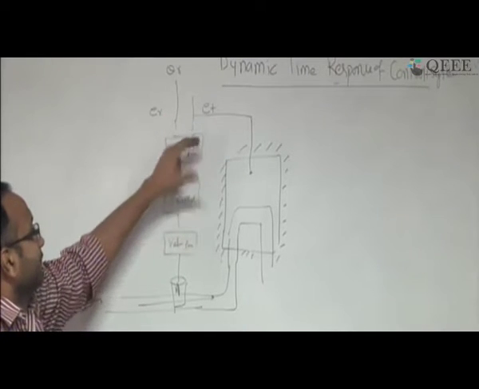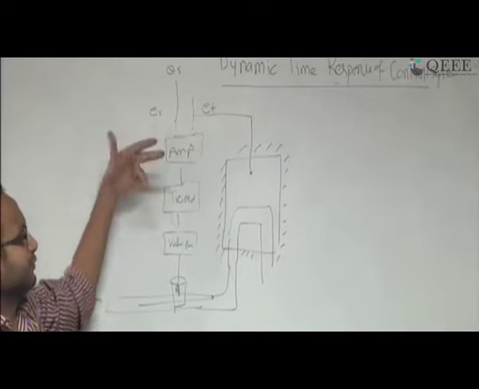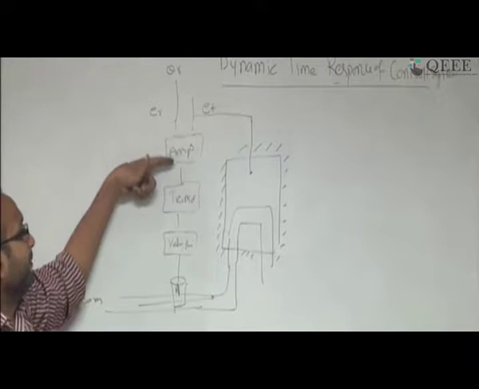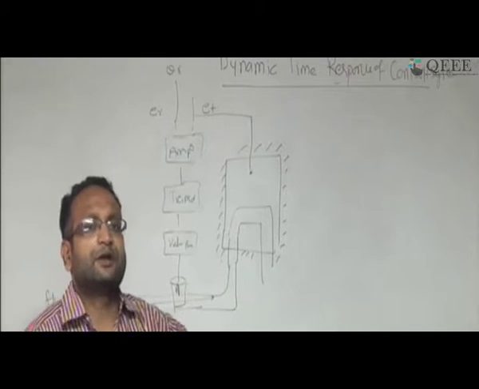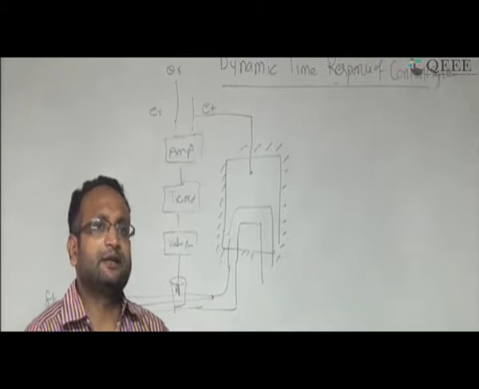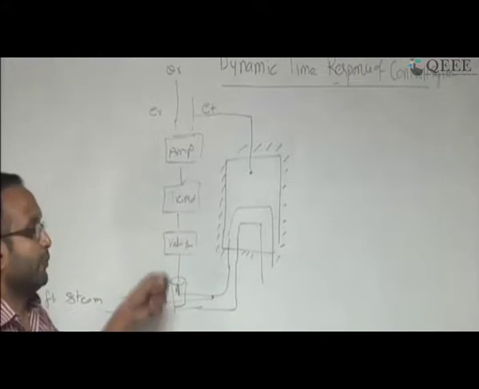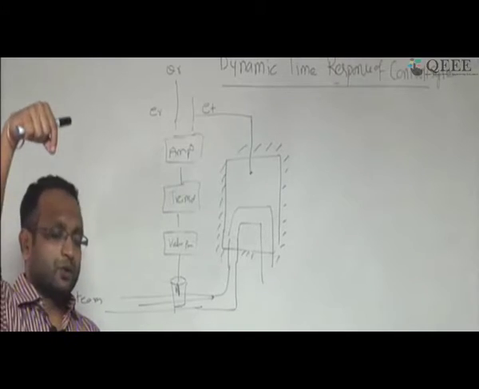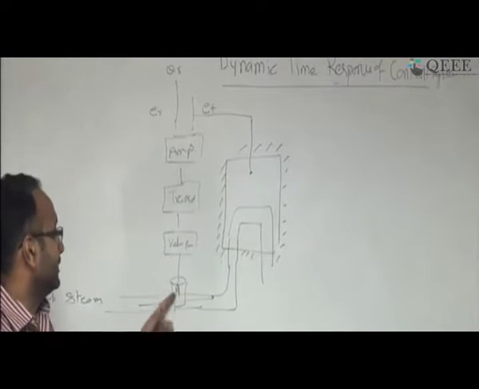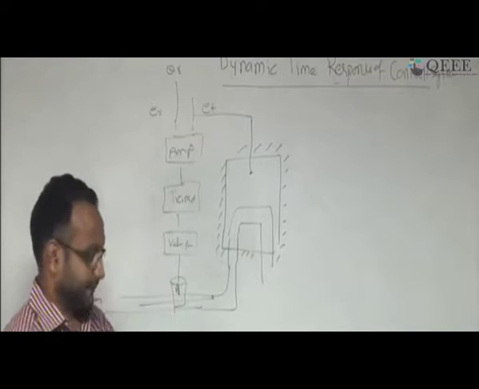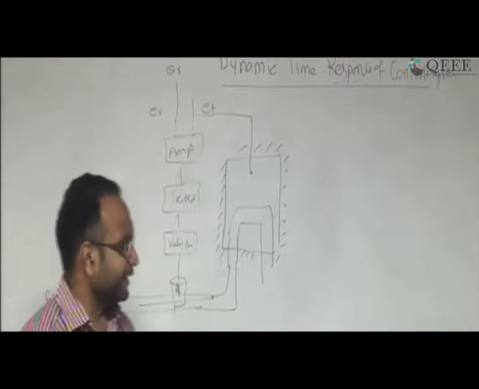Then this value is very small, so we amplify it with an amplifier. Since it is current, we change it with a transducer from electrical energy to mechanical, and then the mechanical component controls the movement of the valve, so that steam is flowing. Okay, so this is what we have done.